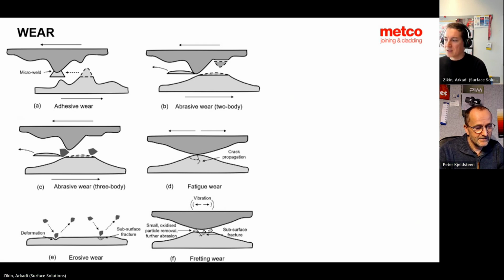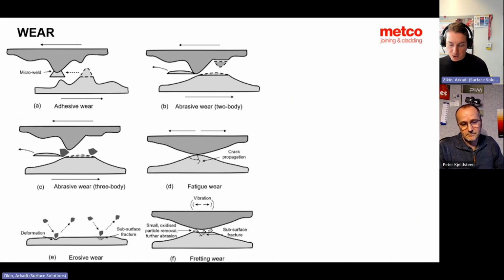That's correct. And this is what typically happens in the real world. So two-body abrasion is typically what we have in friction, but in most applications, and the best examples are from many industries where you work, in mining industry or oil and gas even, you always have some sand or hard particles in between, which cause most of the damage.